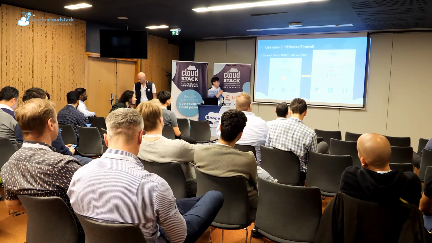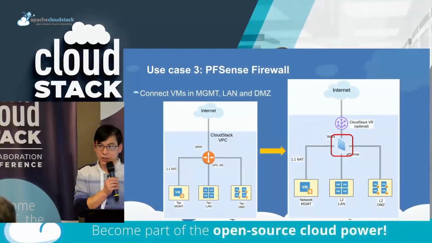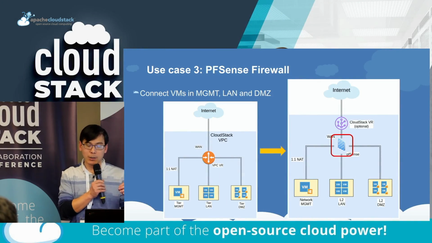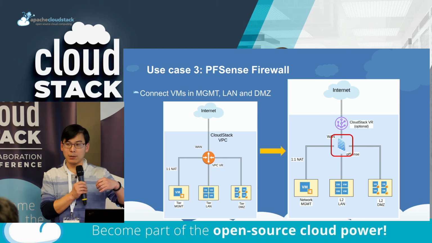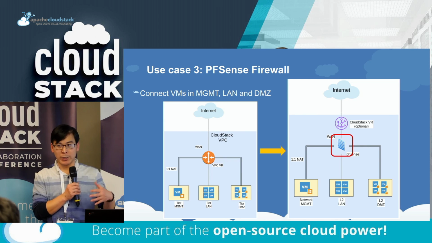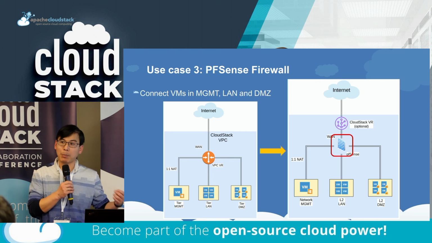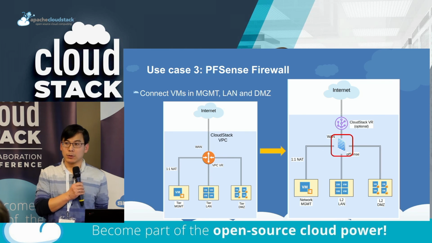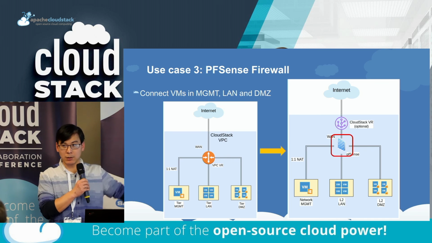So in this example, the management NIC is on isolated networks, but you can put the management NIC on a shared network or shared network with security groups. I mean the management IP can be a public IP. It's not mandatory that the management NIC is on an isolated network.